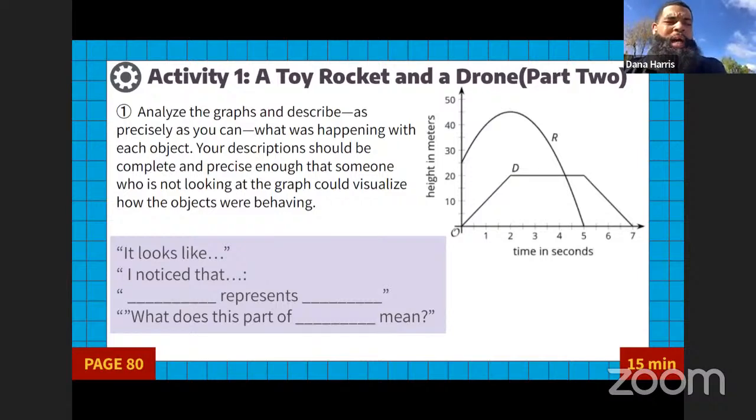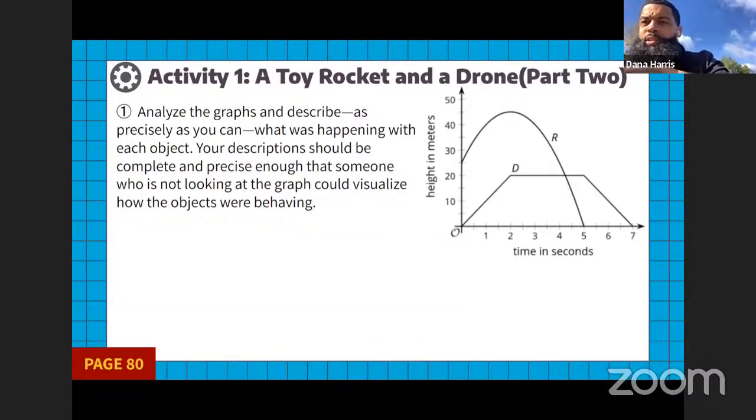So now we're going to describe this as precisely as we can. The way I described it is that the path of R, which appears to be the rocket, was launched at a point that was 25 meters above the ground.